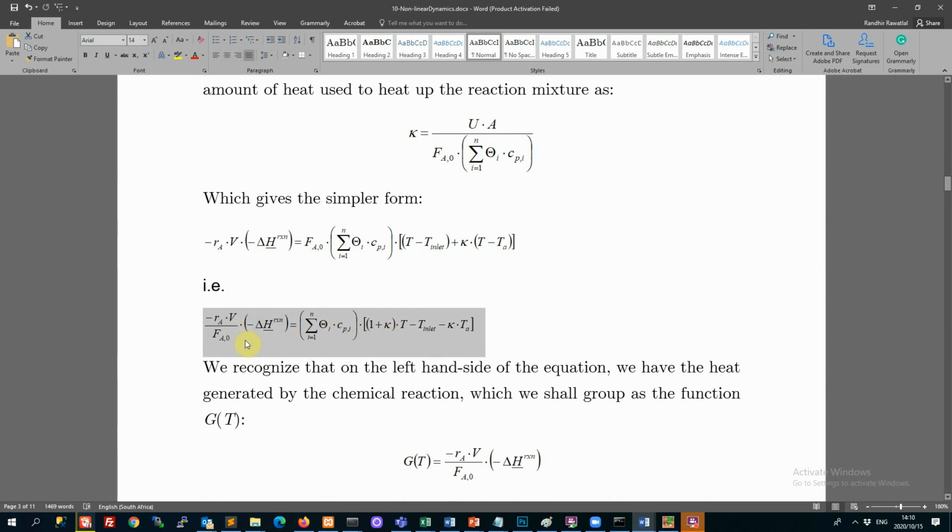So those two are equal. And actually, those two are equal at steady state, right? If you look back at some of our earlier developments, when we were considering the unsteady state case, then we had something times dT equals this minus that. So anyway, at steady state, these two are equal.